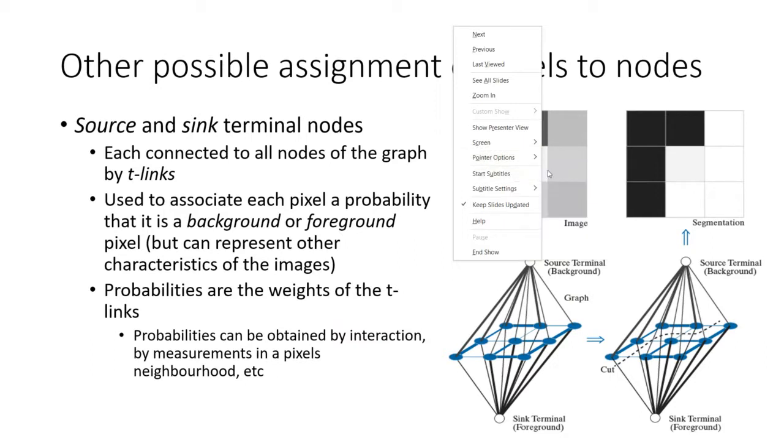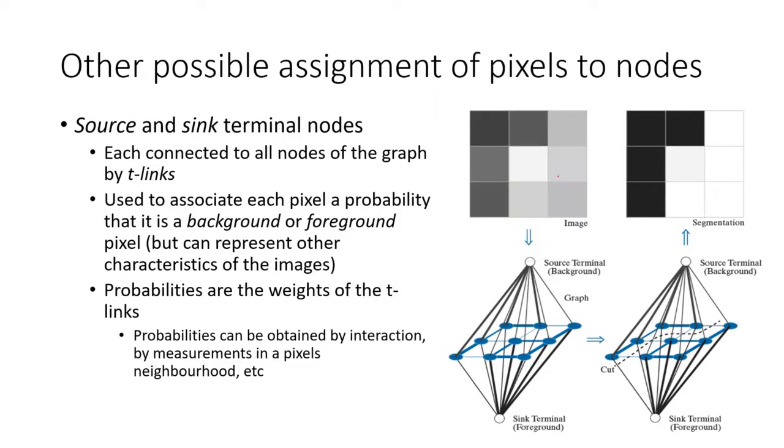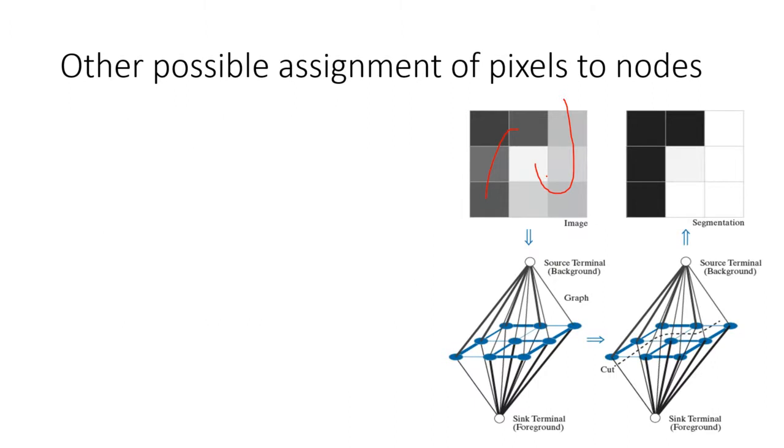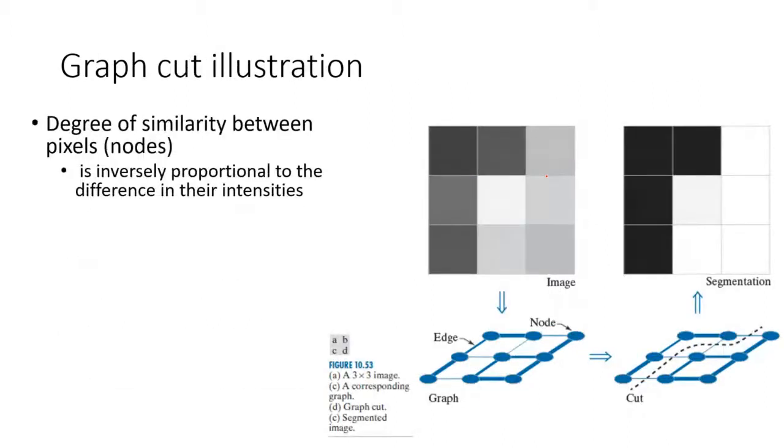The user may well scribble on top of the image, saying, "Well, this is foreground, and this is background." But this is a very raw image. If you have a more complex image, let's get a more complex image here.